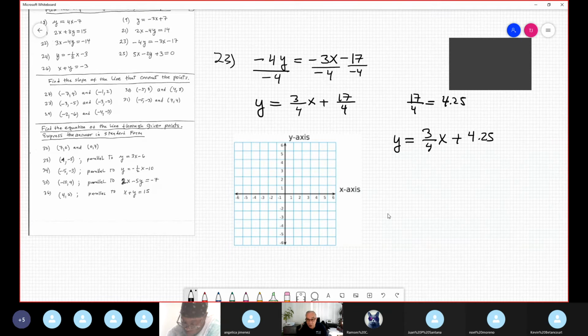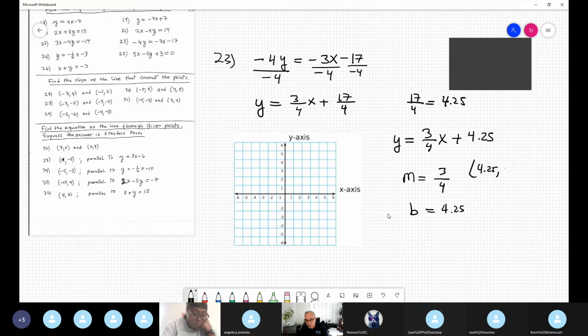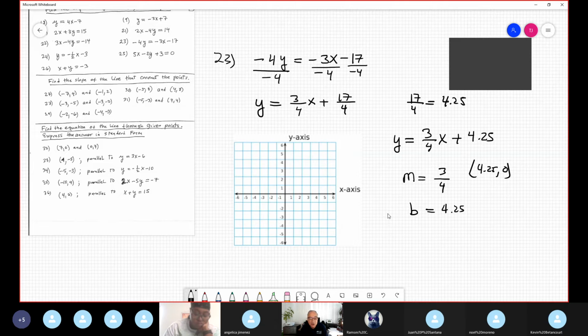Okay, so I discover that my slope is 3 over 4 and my b is 4.25, which is the y-intercept. 4.25, I plot that, which is the point 0, 4.25. 4.25 is a quantity between 4 and 5, but it's half of the half.